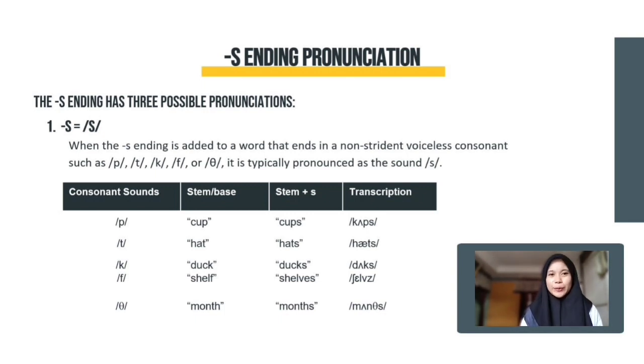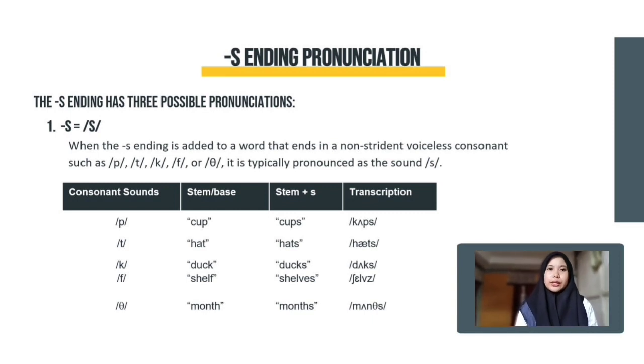Hello, my name is Fira Namira, and in this presentation, I will explain the three possible pronunciations of the S ending in English. Firstly, when the S ending is added to a word that ends in a non-strident voiceless consonant, such as p, t, k, f, or th, it is typically pronounced as the sound S. For example, in the consonant sound P, cops is pronounced as cops.